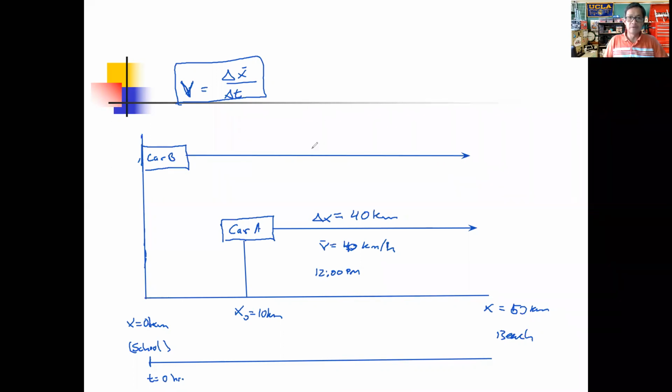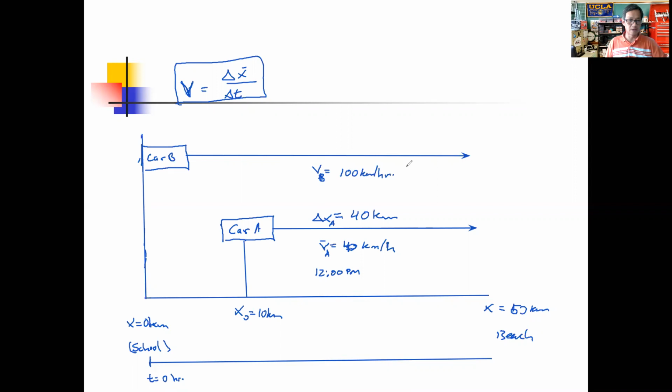We are told the speed and the displacement for car A. For car B, we're told that it moves at a rate of 100 kilometers per hour.